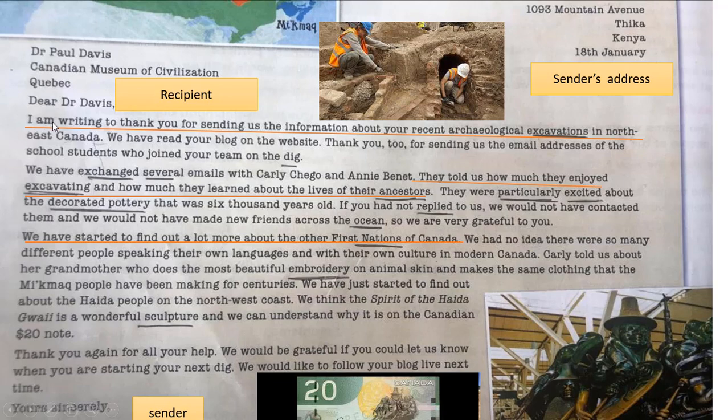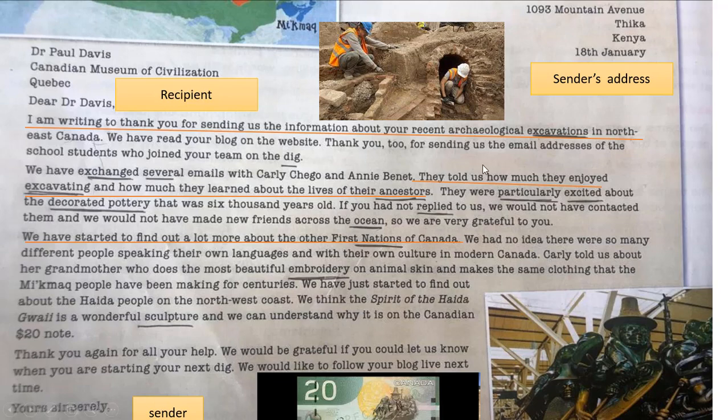I'm writing to thank you for sending us the information about your recent archaeological excavation in northeast Canada. Why is Robert sending a letter?